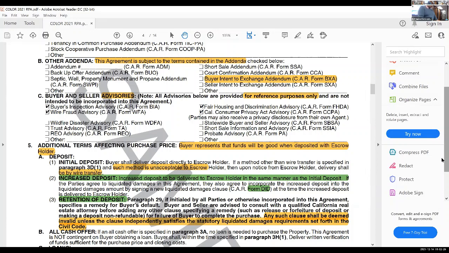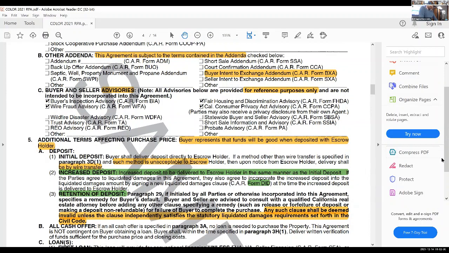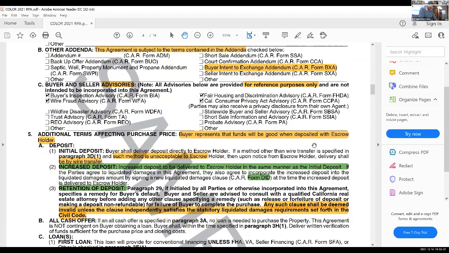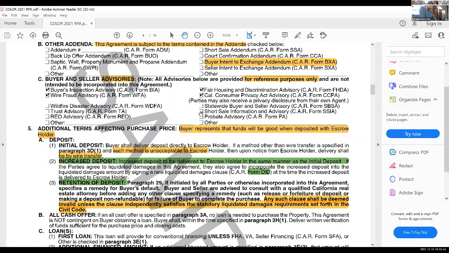As you go through the different advisories, make sure that you include the ones that you want to have as part of the contract. The SBSA doesn't come as a default, but it's going to be in most cases, and most listing agents are going to include that in their disclosures anyway.